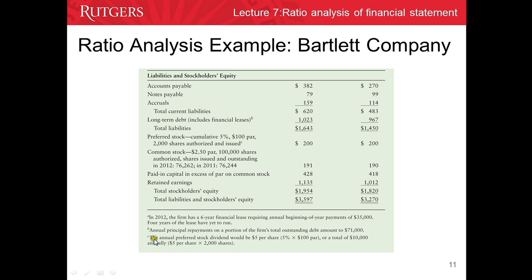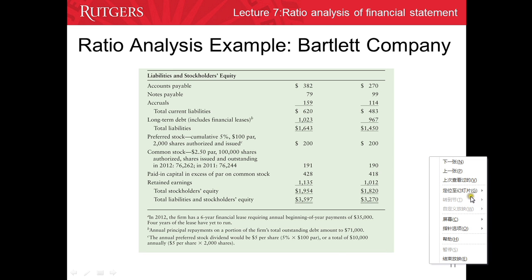The annual preferred stock dividend is a total of $10,000, and we use this number for the preferred stock dividends.